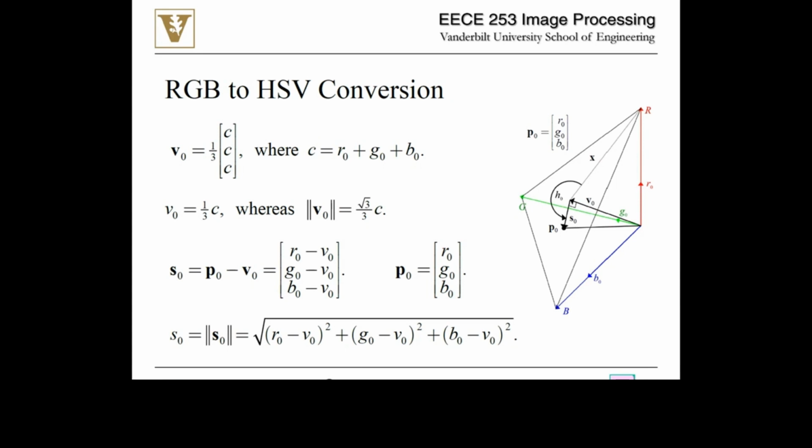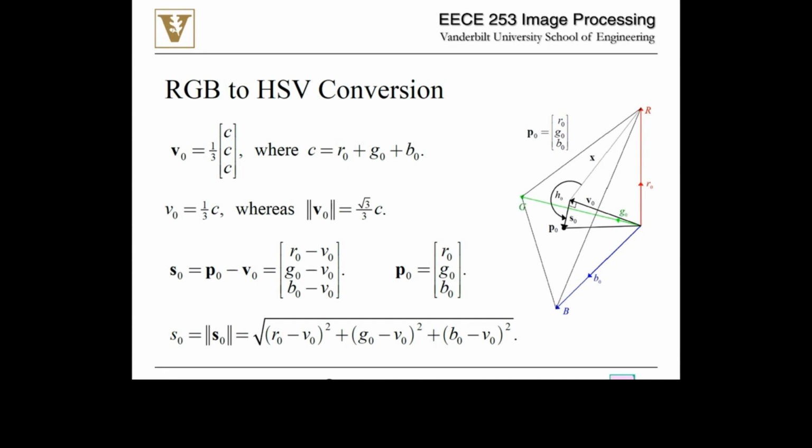Okay, so now we understand how to compute these things, but now tell me some instructions I can encode into a program. So you are given this point, R naught, G naught, B naught. Then you will compute V naught as 1/3 of C, and C is the sum of the three. Now, you will construct this vector V naught, that is V0, V0, V0.